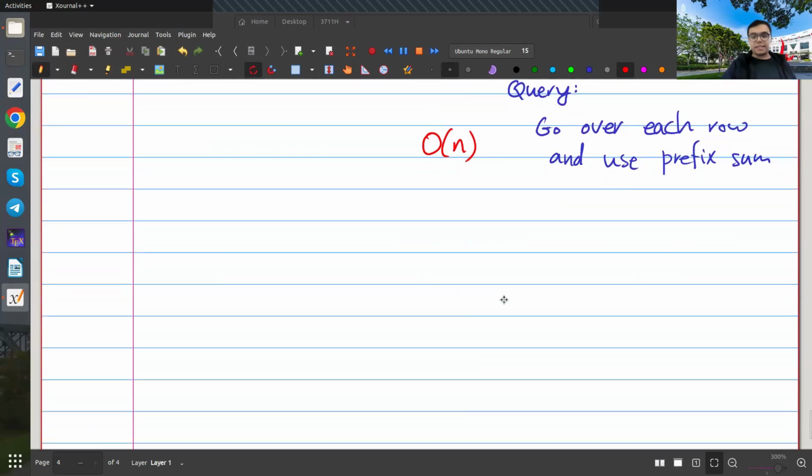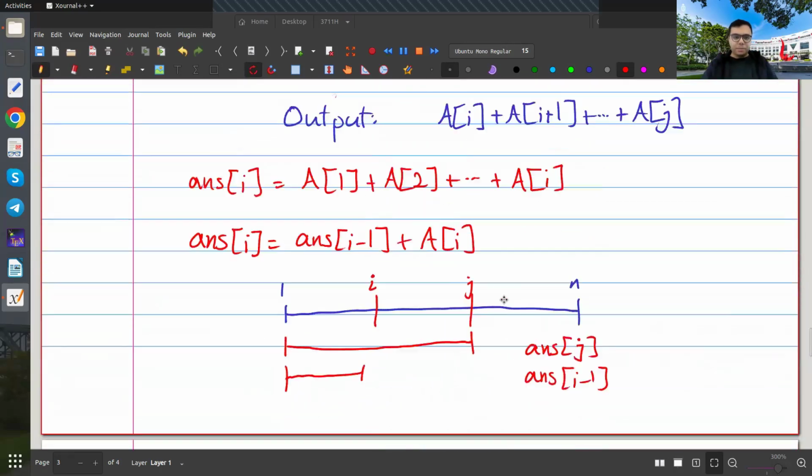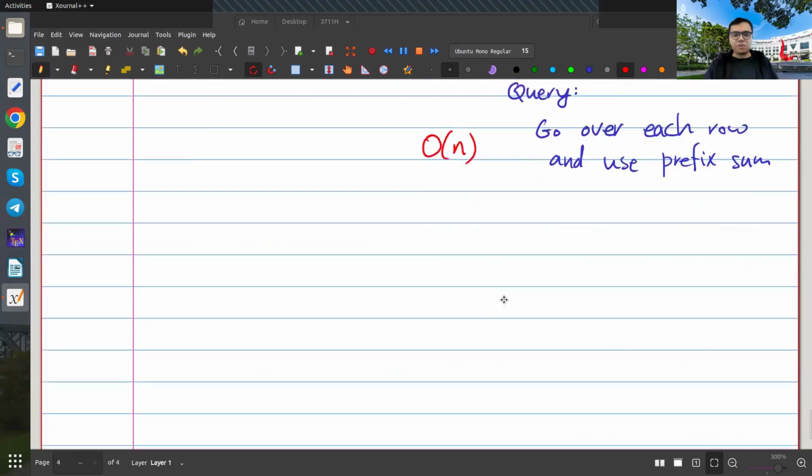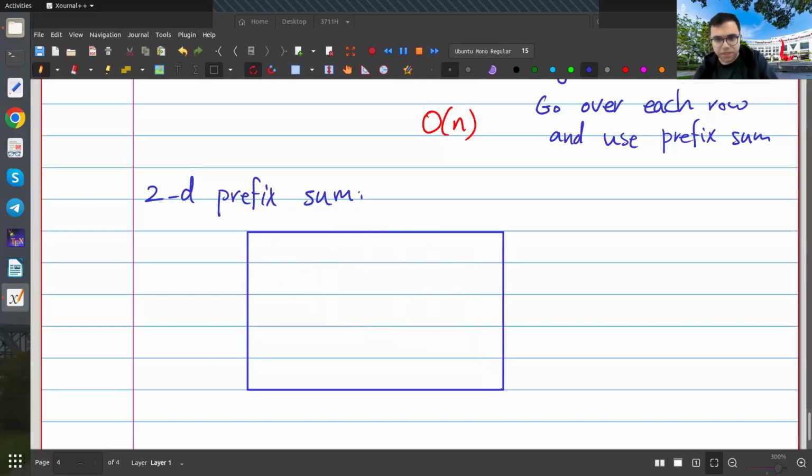Well, yes, we can basically do something very similar. We can do a prefix sum, but we can do it in 2 dimensions. So this is 2-dimensional prefix sum. Now the idea is again very simple. Let's say I have this rectangle, which is my matrix.